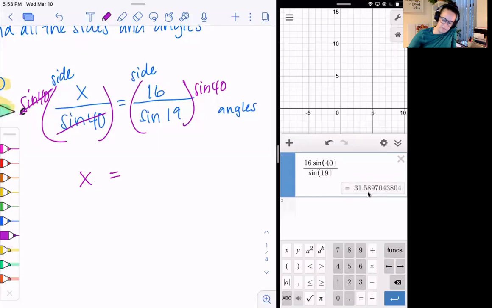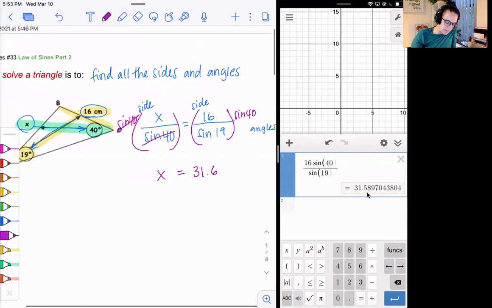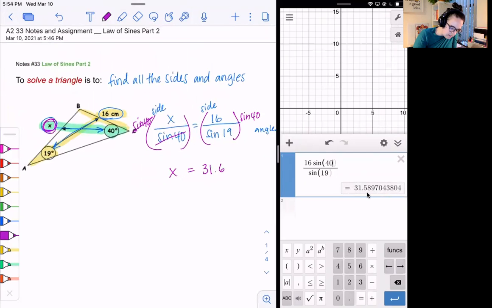Get the same number there, right? So 31.58. I'm going to go ahead and round this up to 31.6. So that is x right here. So instead of saying x, we could say x is actually equal to 31.6. So I can label my drawing like that.